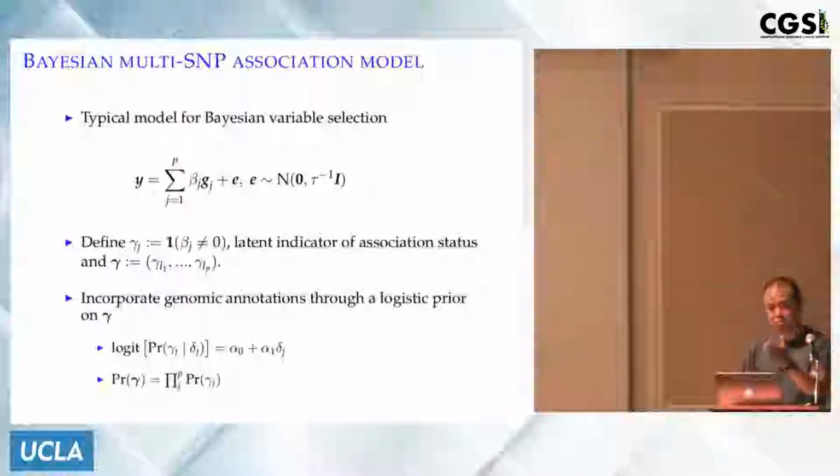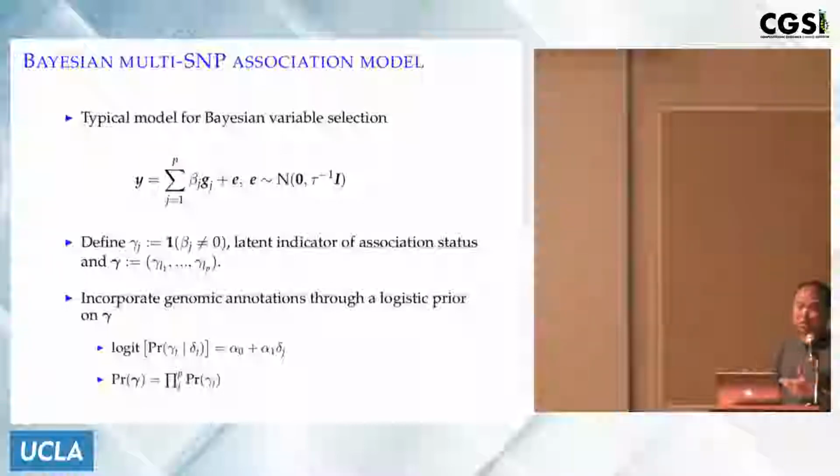You have seen this in a lot of talks, through a logistic prior. If you can say a priori, based on genetic annotation, I can build a different prior for different SNPs possessing different functional annotations. And if you don't have that annotation, you don't need to worry: everything is zero, so everybody has alpha zero.